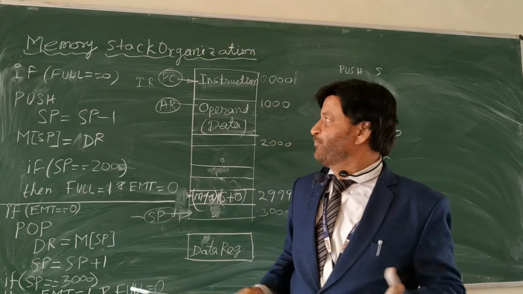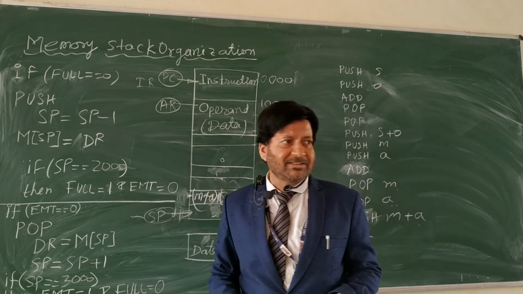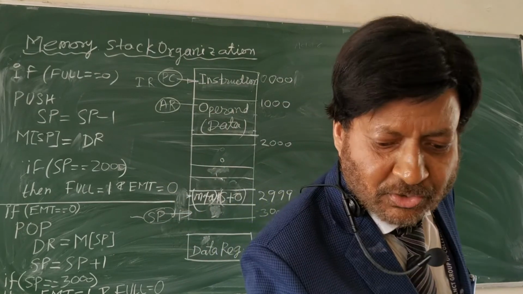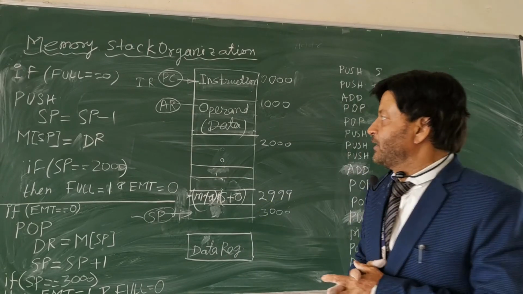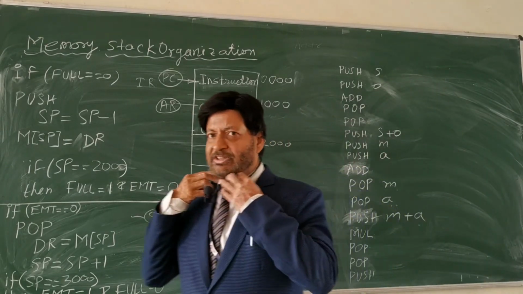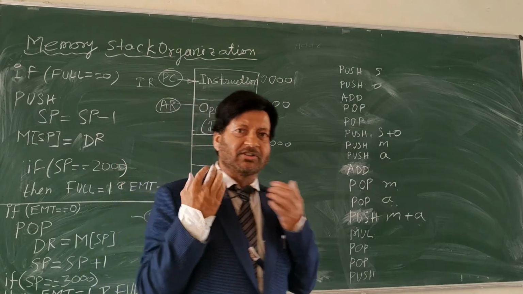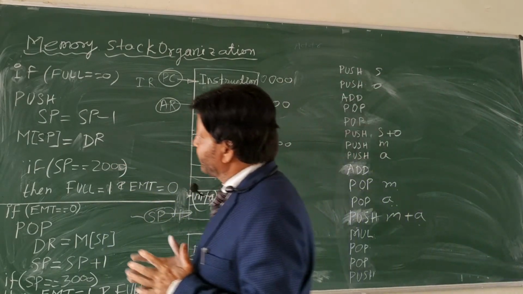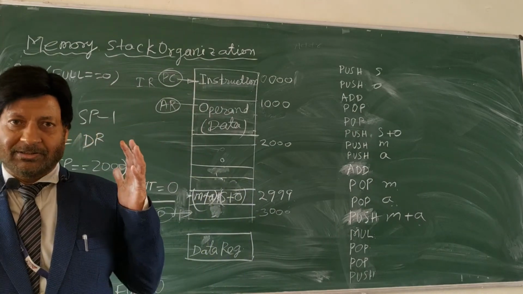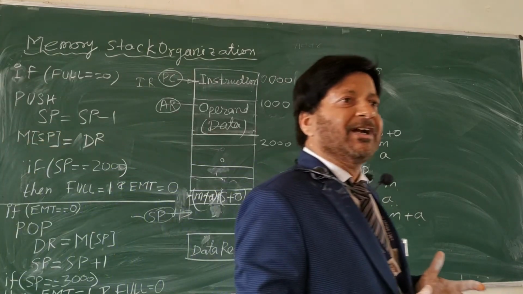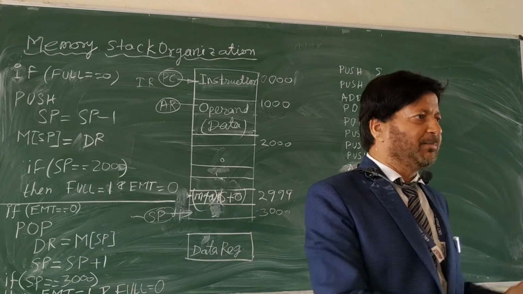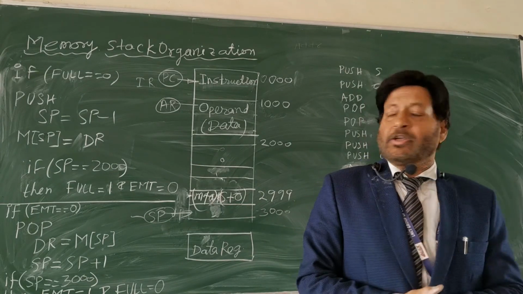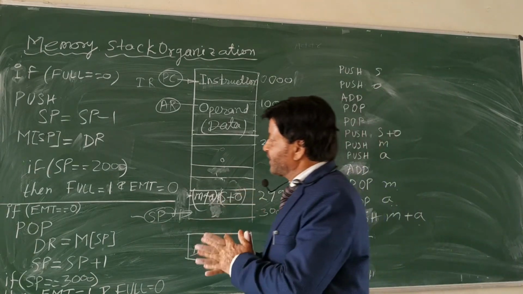Earlier we have seen register stack organization. So what is the difference between these two stack organizations? The difference is that register stack organization is very costly because that organization resides in the central processing unit, and this memory is out of the central processing unit.